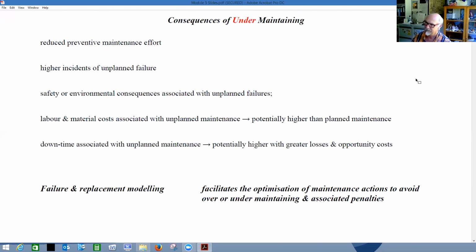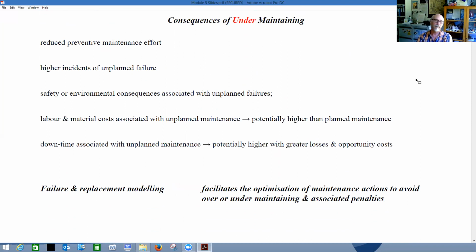Consequences of under-maintaining a particular piece of equipment: reduced preventative maintenance effort, higher incidence of unplanned failure, safety or environmental consequences associated with the unplanned failures, labour and material costs associated with the unplanned maintenance, potentially higher than the planned maintenance because, again, you might have to do far more maintenance than you would normally do.